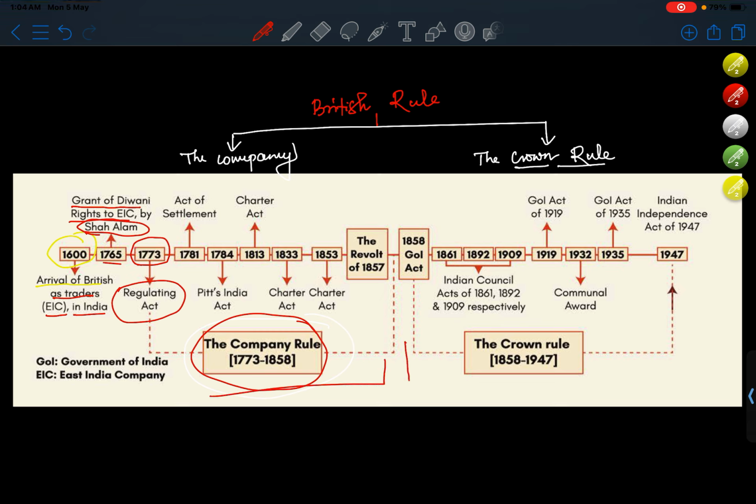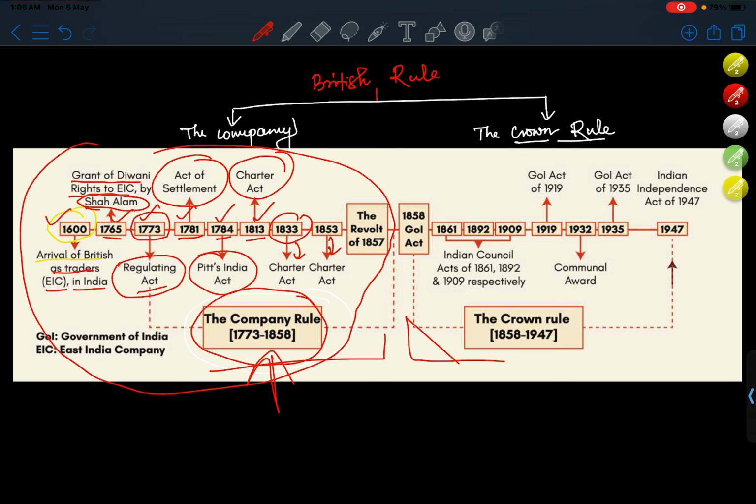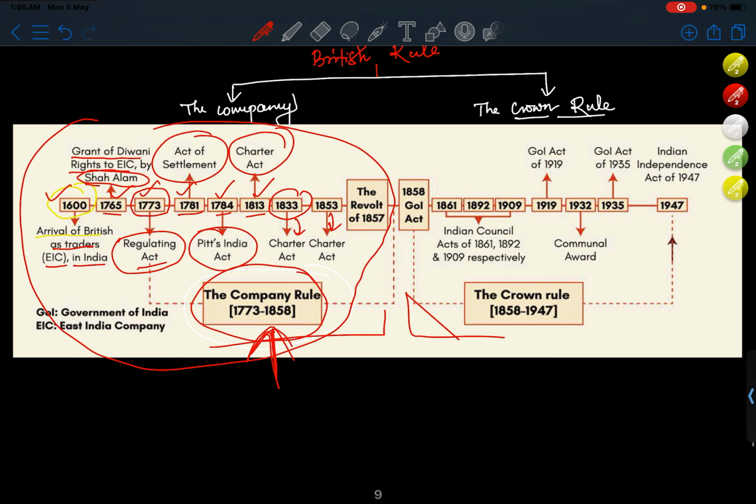Here: 1773 Regulating Act, 1781 Act of Settlement, 1784 Pitt's India Act, 1813 Charter Act, 1833 Charter Act, 1853 Charter Act. These were the acts, rules and regulations passed to regulate their business in India. This complete thing is called the company's rule.